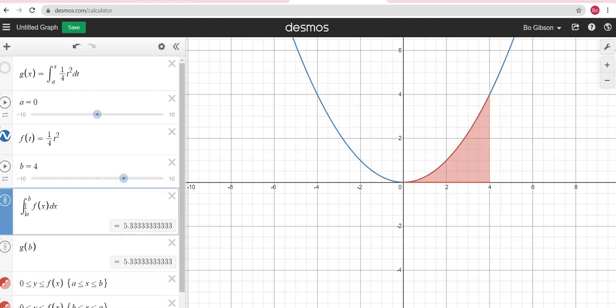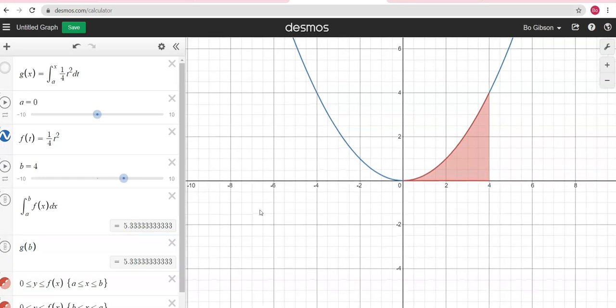And of course, we could do that with a definite integral, because now that I know I want g of 4, I no longer have a variable here. It's just a normal definite integral, and Desmos does that for us just fine. It's 5.3 repeating. But you can see, if I do g of b, which is set to 4, I get the same thing. So literally, g is spitting out areas. How much area is under that curve?